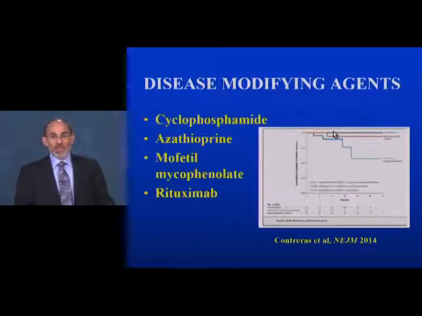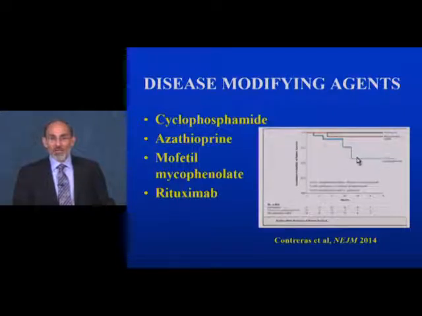So the agents that we use to try to get this terrible disease under control are potent immunosuppressive agents. And this is a review in 2014 that looked at the different chances of doing well over time. It shows that azathioprine and mycophenolate, the newer agents, are actually more effective long-term in prolonging longevity and decreasing mortality.